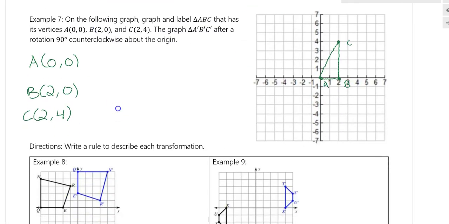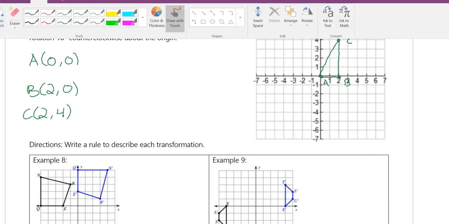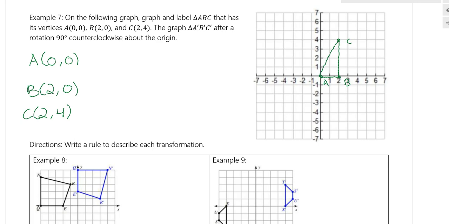Okay. So A is going to be pretty simple because when I switch X and Y, it's still 0, 0. If I make 0 negative, well, negative 0 is still just 0. Okay? So this didn't actually spin at all or change at all. It's A and A prime.